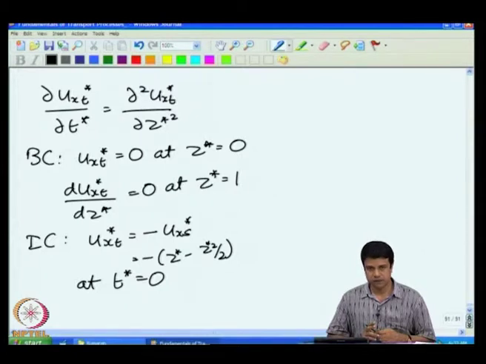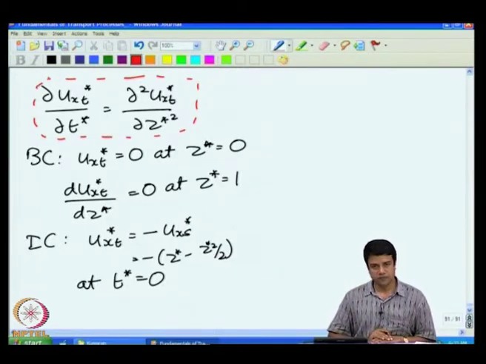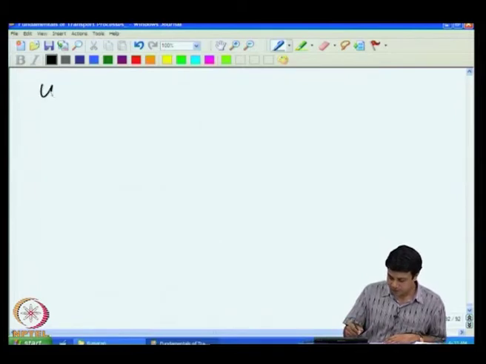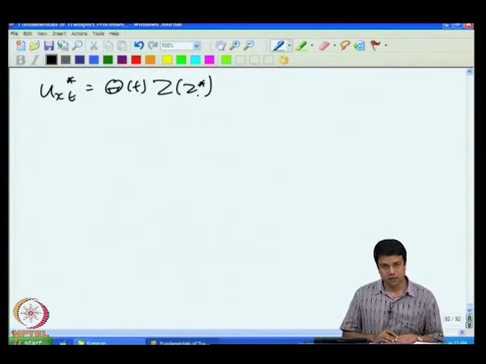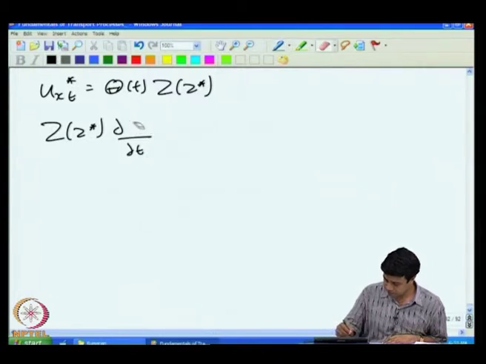The method is exactly the same, separation of variables. Note that now I have an equation which is entirely homogeneous. That is essential for the separation of variables procedure, as I will show you. If I substitute ux transient is equal to theta of t times z of z star into the differential equation, then I get partial theta is equal to theta times d square z by dz star square.